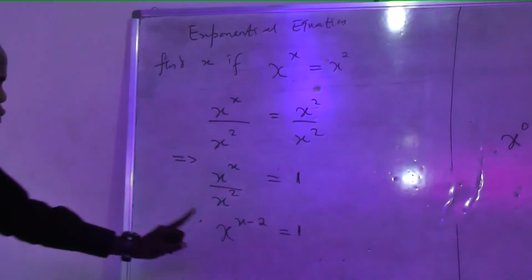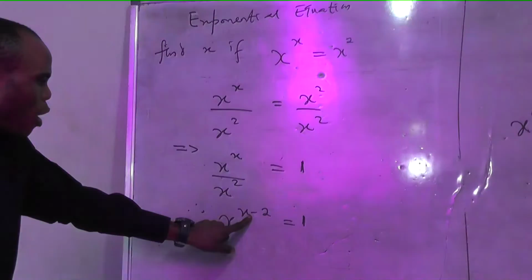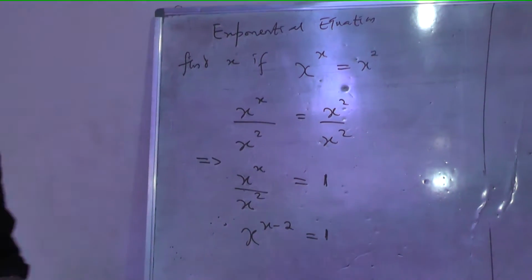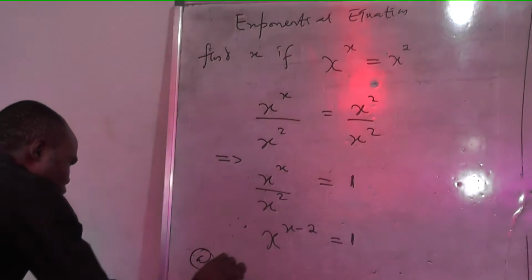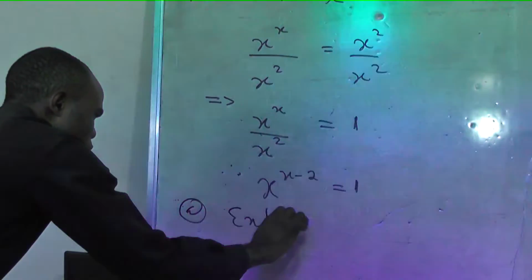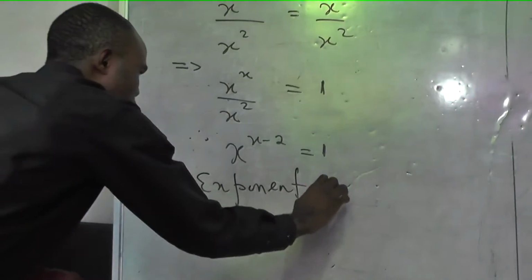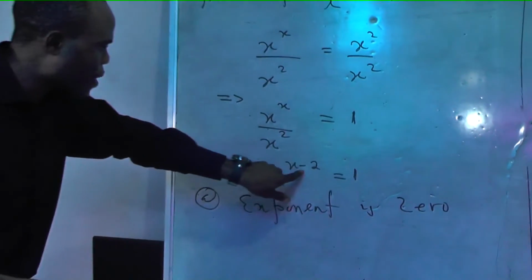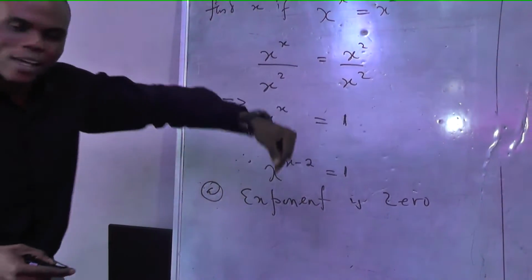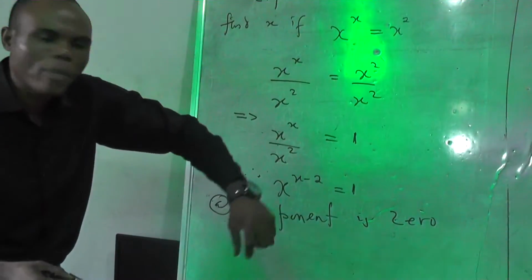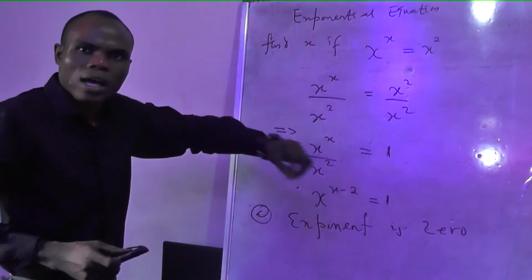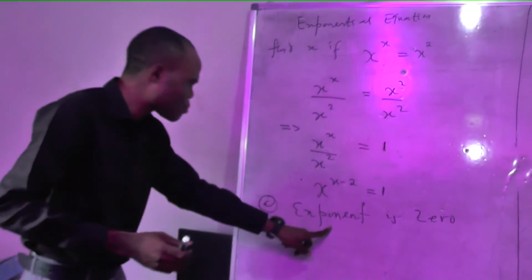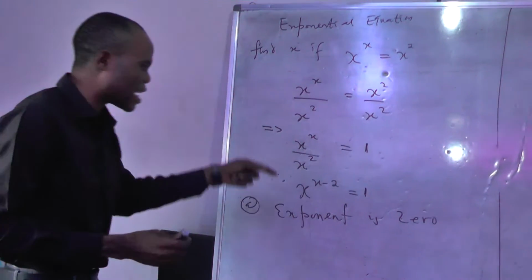Which means for x to the power of x minus 2 to be equal to 1, two things can take place. One is that the exponent is 0.